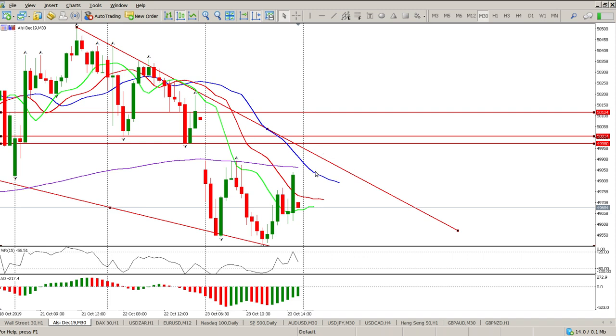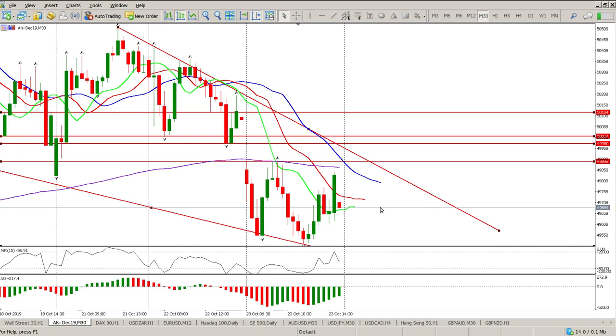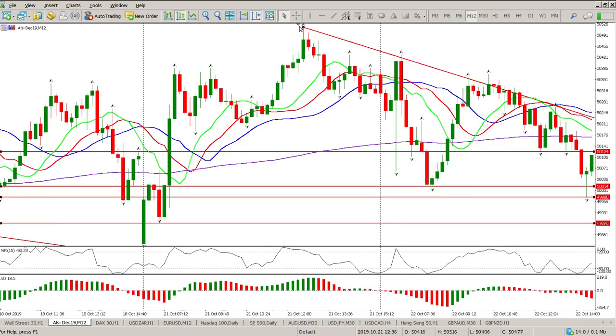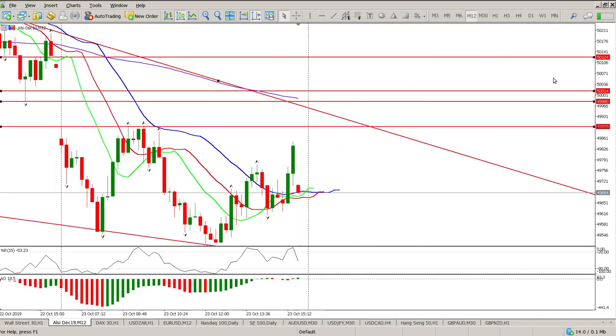Whatever rally we do have, I think that's the first area that the profit taking will happen. But you'll notice that will give us a break of this fractal above the alligator, which could indicate a trend change. Only thing is we're in this wedge. If we come down to the 12 minute, I don't even think we're going to have much here on the 12 minute.